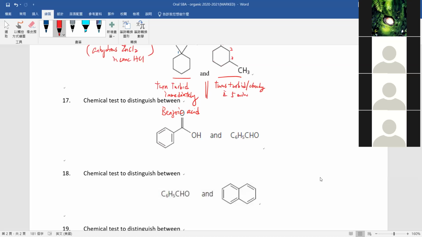Why do we call it benzaldehyde? Benzaldehyde is an aldehyde with a benzyl group. We call it benzaldehyde.